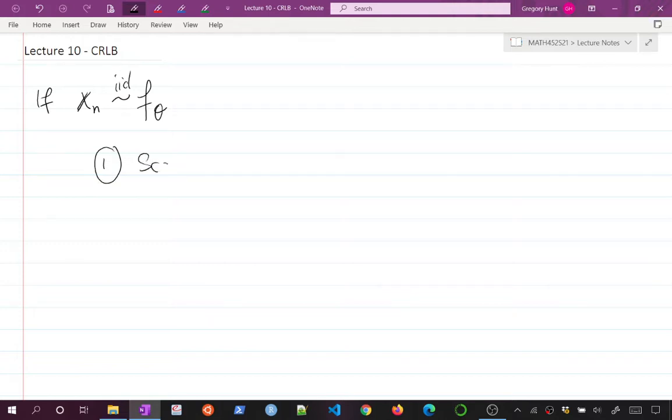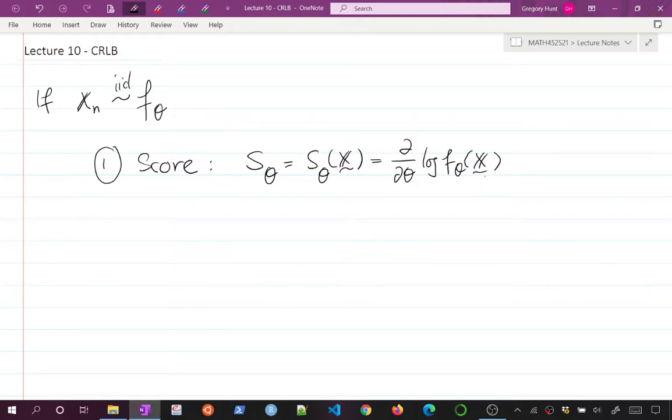We had the so-called score, which I had denoted as S theta or S theta of my random sample, because the score is a random variable, which is alternatively notated the derivative with respect to theta of log f theta of x of my random sample, my random x tilde.